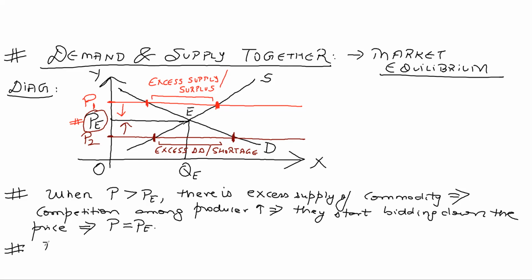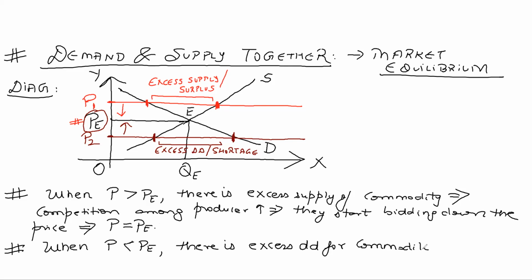And similarly, the second point, when the price in the market is below the equilibrium price, there is excess demand for the commodity. Excess demand is also called shortage, which implies competition among the buyers goes up.